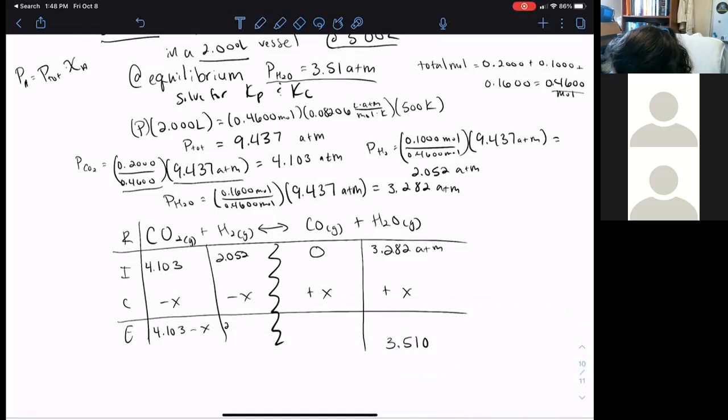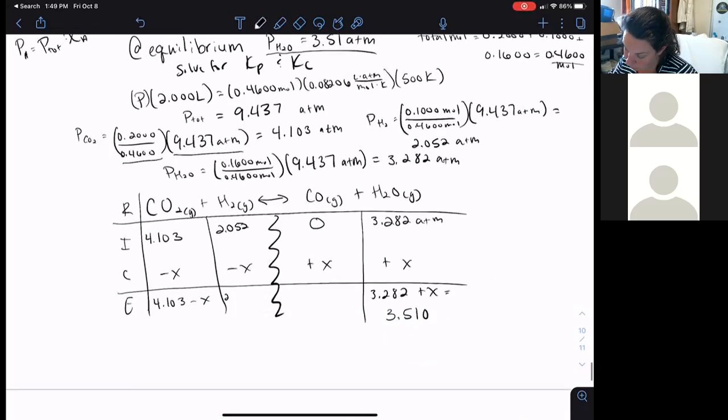Okay. And then we do 3.282 plus X, which is equal to that 3.510. So this is where we actually have an equation that we can solve for X. So that's where we're going to start.